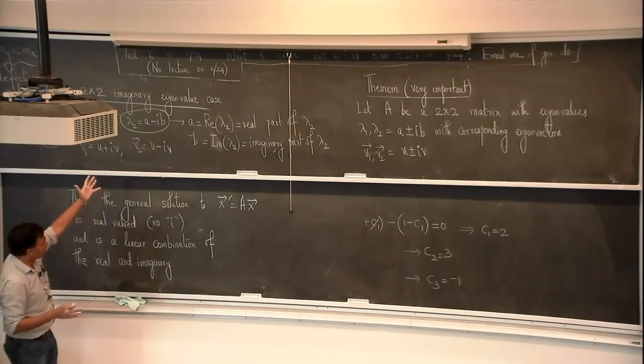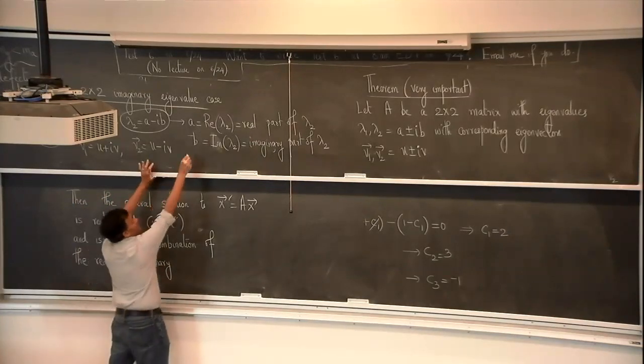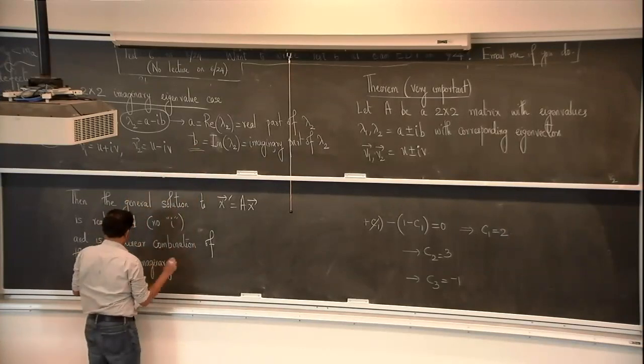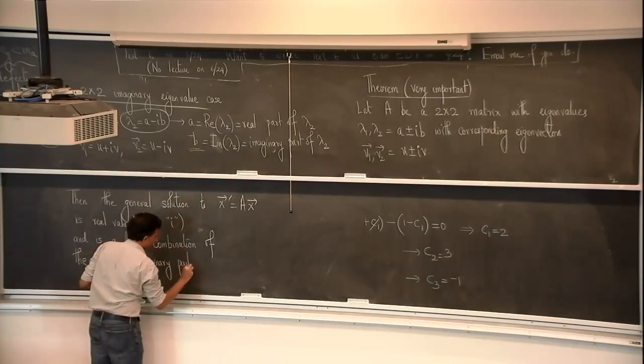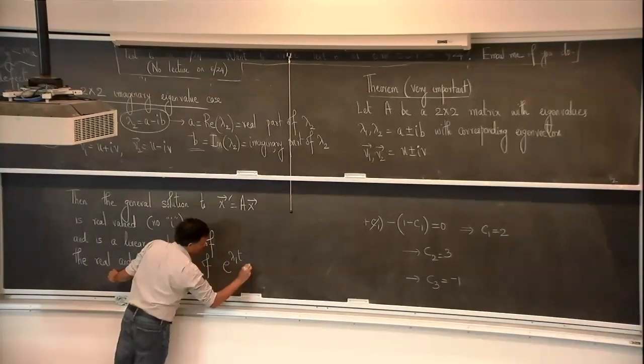Real part is the one without I, imaginary part is the one with I, but you're not writing I there. This is just negative V. And the real and the imaginary parts of e to the power of lambda 1 t times V1.